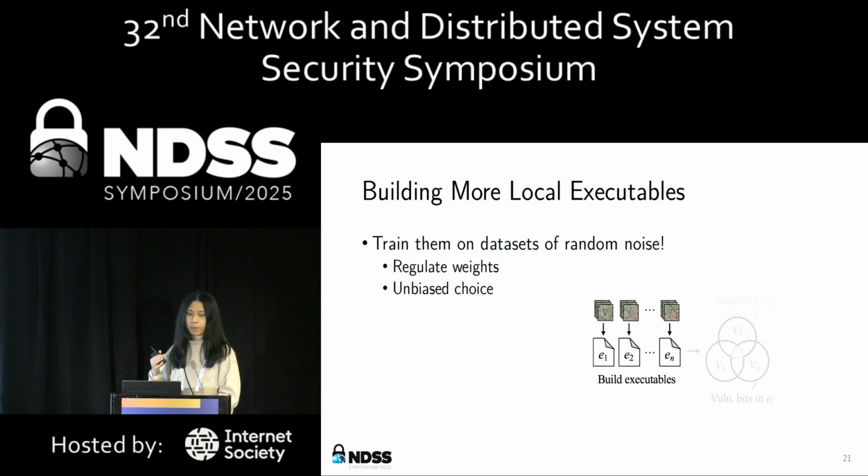We use these kinds of data sets because we are inspired by studies in the machine learning community, where they found that random data sets will regulate the model weights to gradually resemble weights in well-trained models when they're used in phases like pre-training.